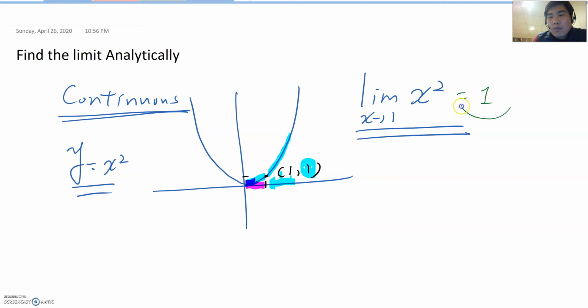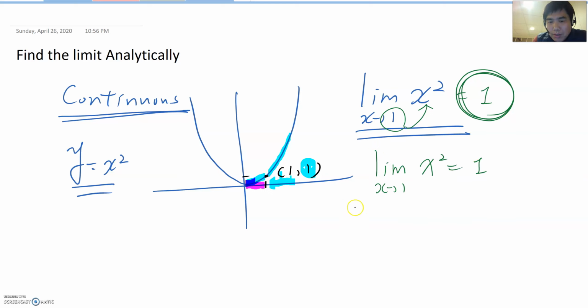Then how can we get this answer without using a graph? You may think of just plugging 1 in, and that is correct. So the limit as x moves to 1 of x squared becomes 1.